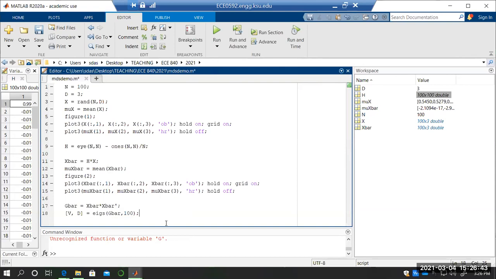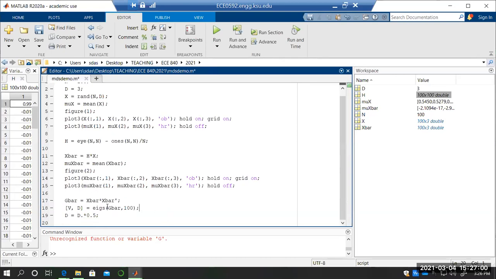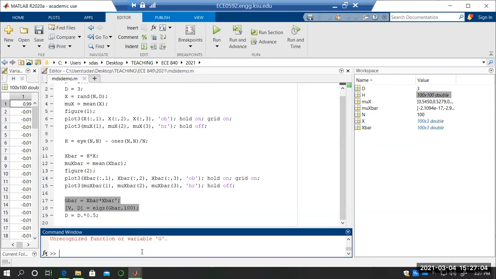Okay, and then D equals D dot star 0.5. I take the square root. Okay, let's do these steps first. This is my G bar.